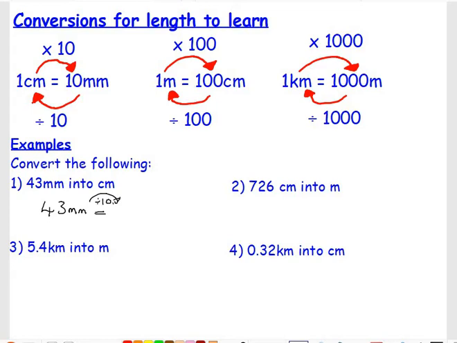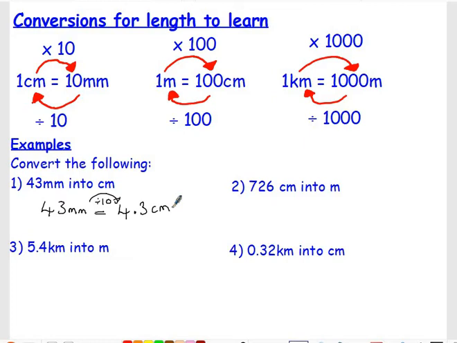When we divide by 10, remember each digit moves one place to the right, so the 3 is going to go from our units to our tenths, and then the 4 is going from our tens to our units. So we end up with 4.3 centimetres, alright? Okay, so 43 millimetres is equal to 4.3 centimetres.